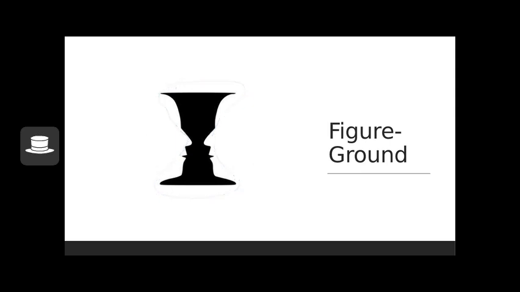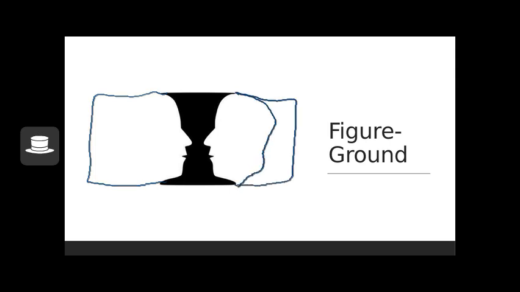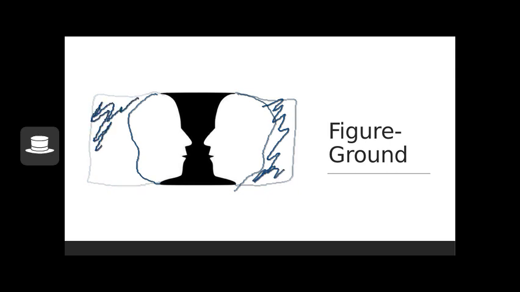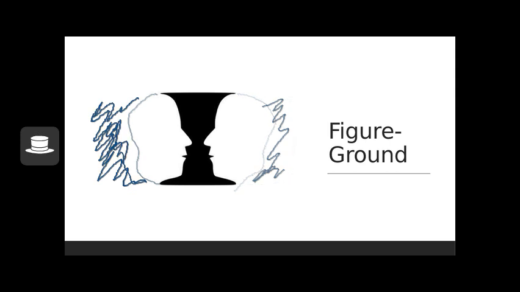Now, you could look at it as this entire black area being the background, and then you could say that these are some faces with some very strangely shaped heads, right? And then the foreground are the faces, that's the figure, with the ground being the background.